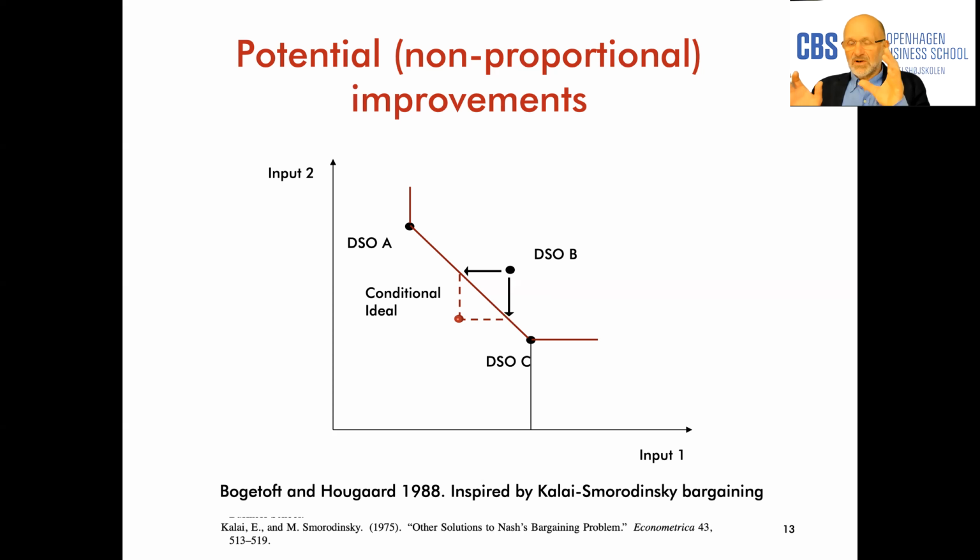And then you need to share the combined gains in proportion to what they could have accomplished on their own. Here it's something negative you can accomplish on your own, because this is the reduction of doctors you could do on your own, and this is the reduction of nurses you could do on your own. But we are sharing this requirement of improvement in proportion to the amount of improvement you could have done on your own.